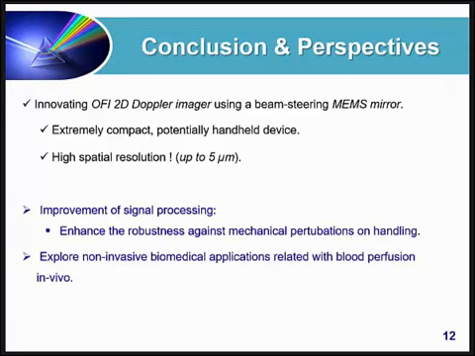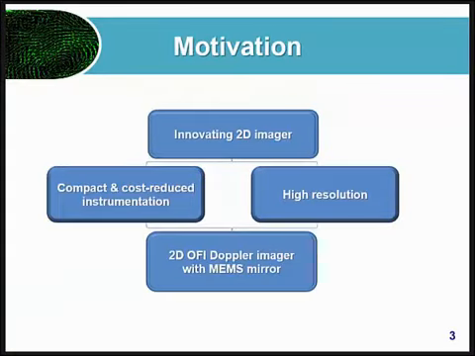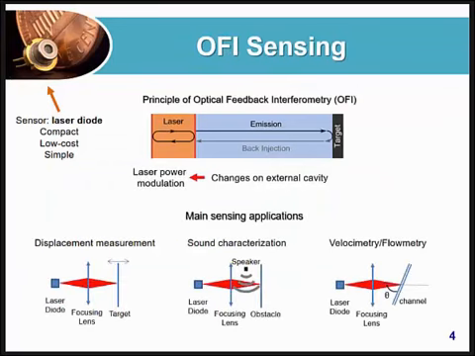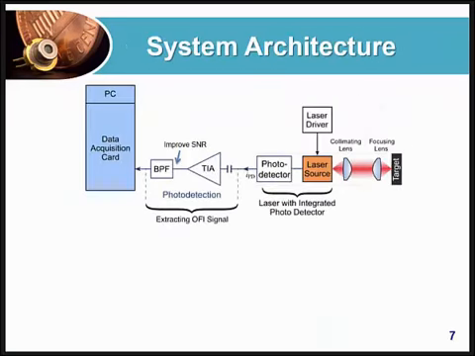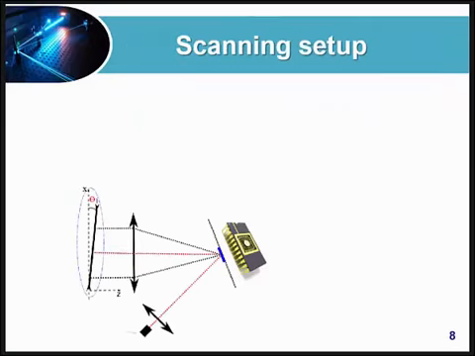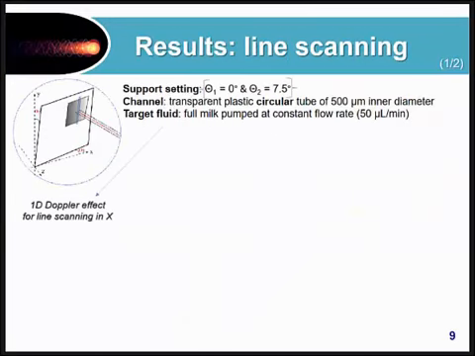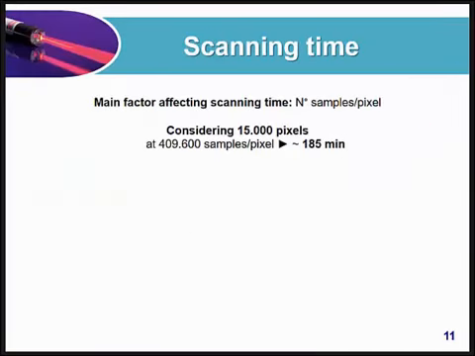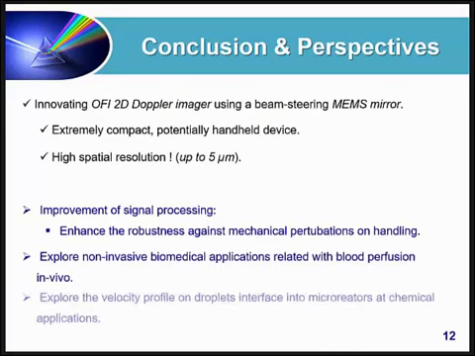We should also consider exploration once we have the signal. We should explore the application to non-invasive biomedical applications, such as measuring the blood perfusion under the human skin in vivo, as we have nowadays several applications in such a field.